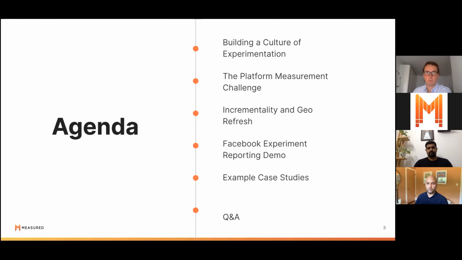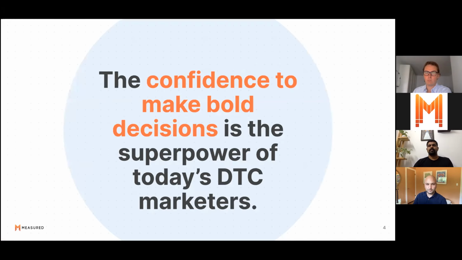He's going to walk you through a real platform reporting example from a Facebook experiment. And then we're going to walk through a few example case studies of how brand marketers are using experimentation to better inform their platform budget allocation and marketing decisions. And at the end, hopefully we should have around 20 minutes for Q&A. So we look forward to that.